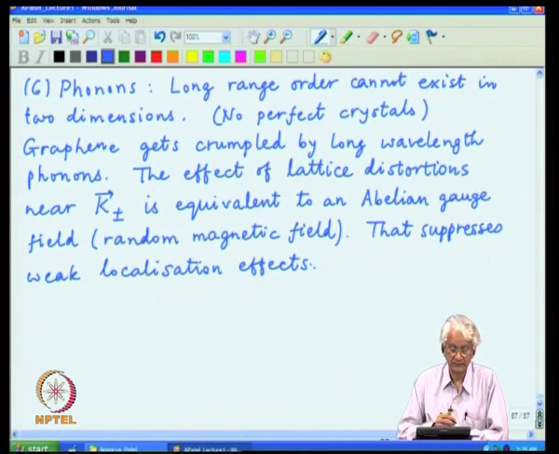And this suppression further gives rise to improvement in transport properties of this particular material.